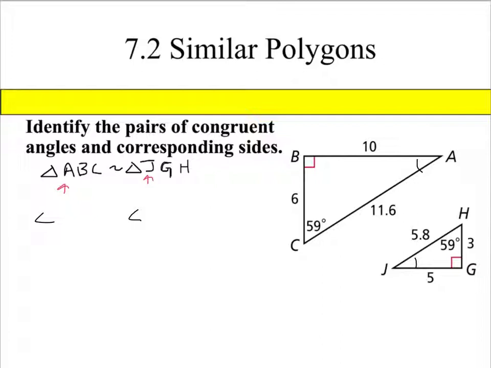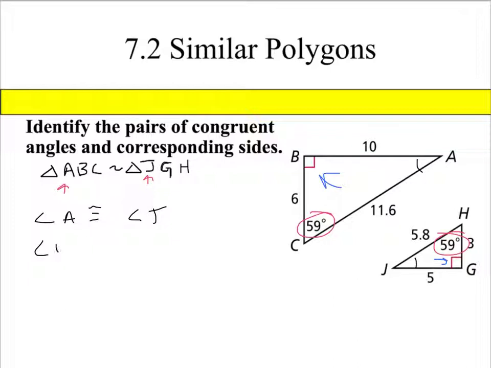I know this because the other angles of 59 degrees here and 90 degrees here are congruent to each other. So by the angle addition postulate, they have to be the exact same. So angle A is going to be congruent to angle J. Then I just match up everything else.